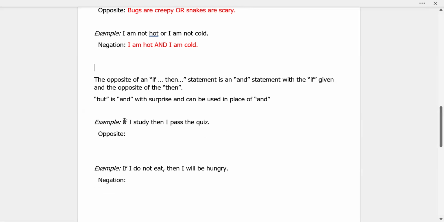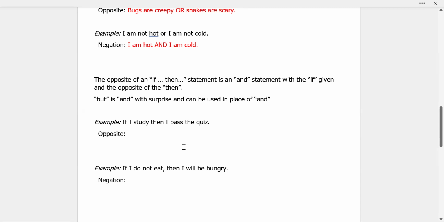So let's look and see: if I study, then I pass the quiz. So if I study is the hypothesis, and I pass the quiz is the conclusion. Suppose that's definitely a true statement. We know that's not always true, but for a second, let's pretend that it is true. What would make it false?